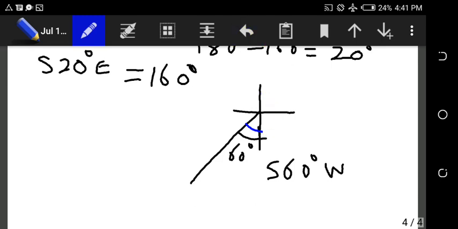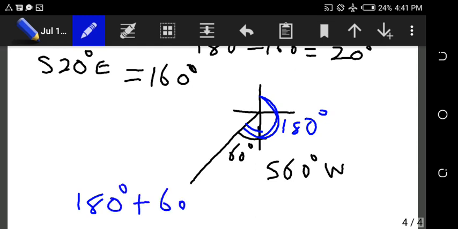And just looking at it, you see that is an angle on a straight line, so the value from here to here is 180 degrees. Therefore, totaling them, from here all the way down here will be 180 degrees plus 60 degrees, and that will give you 240 degrees.